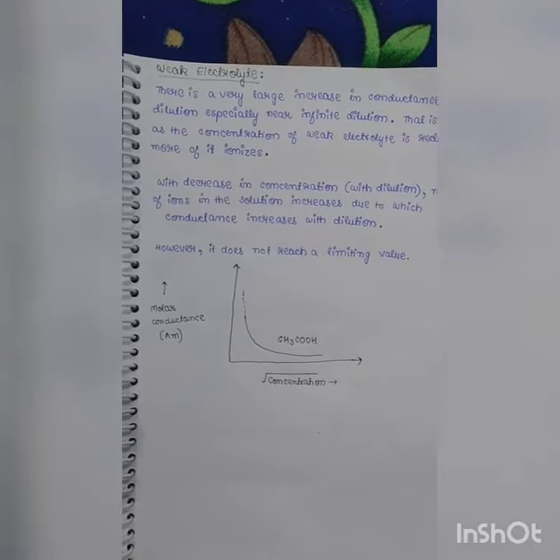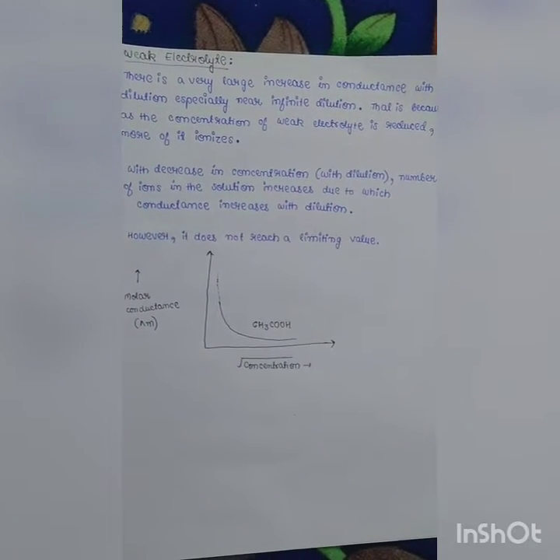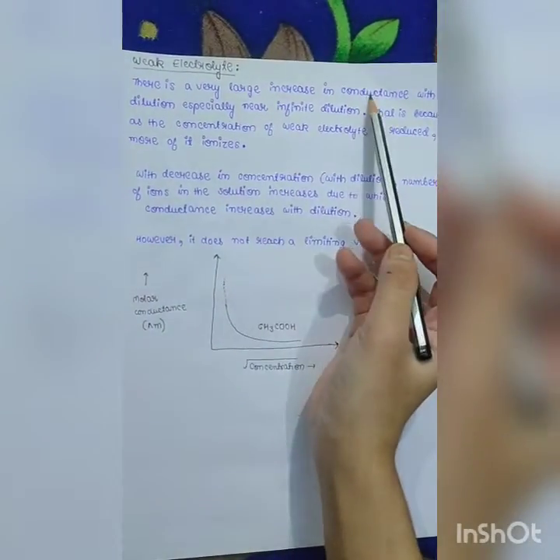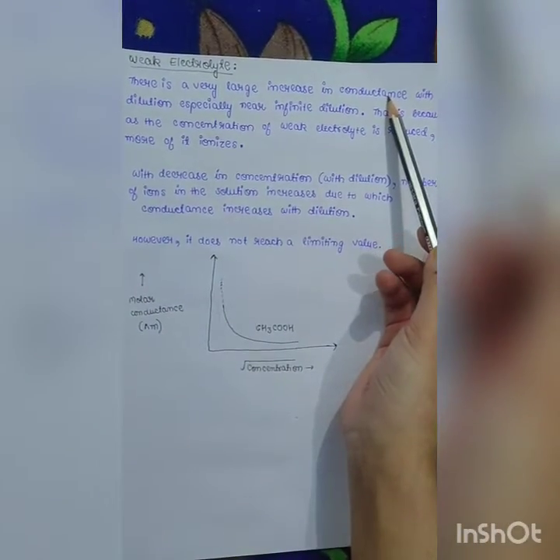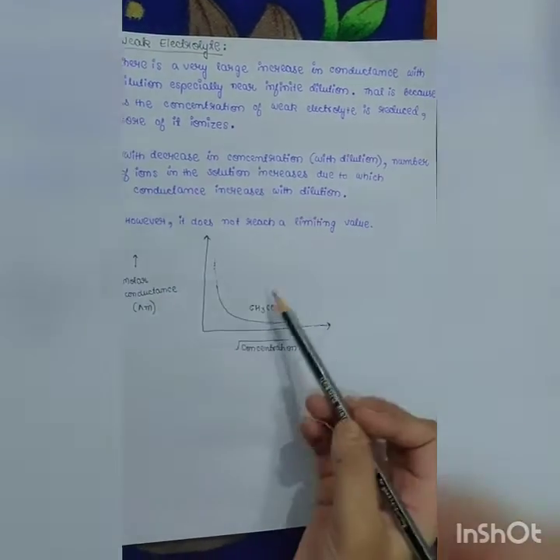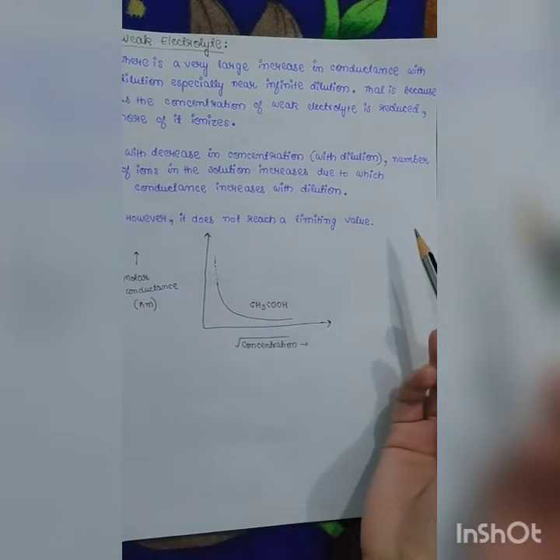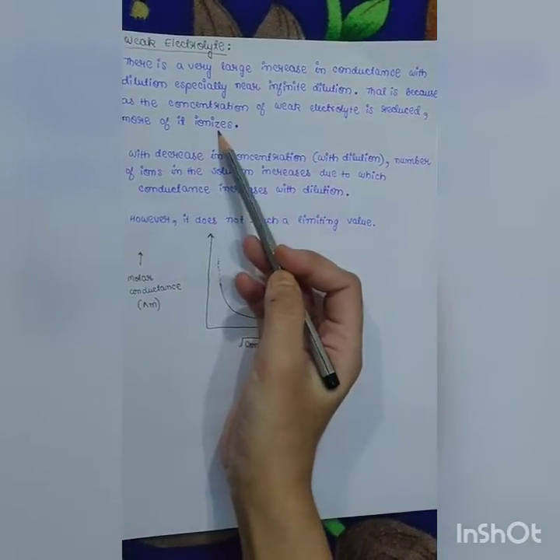And in case of a weak electrolyte, where the degree of dissociation is equal to or less than 5%, a large increase in conductance is observed, because as we add water, there will be more dissociation of the weak electrolyte. So more ions are forming, more of it ionizes.